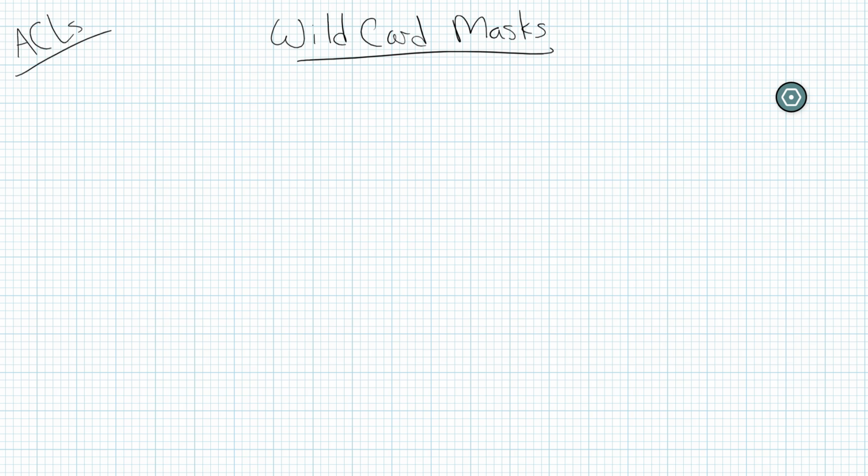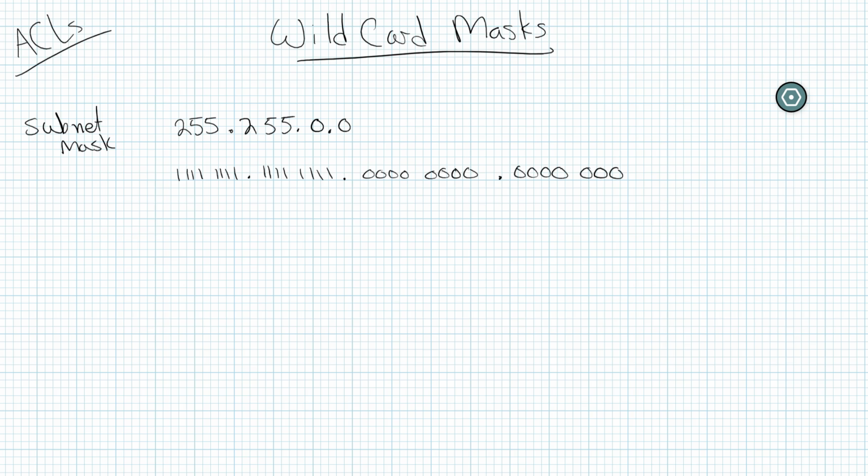When we were looking at subnet masks, for example, if we had 255.255.0.0, we would have a subnet mask that masks the first 16 bits. If we were to write that out in binary, we would get eight 1s, eight more 1s, and then sixteen 0s.